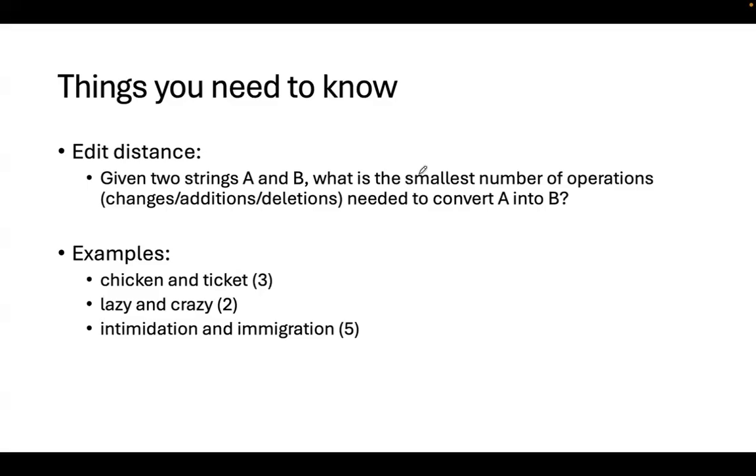That's edit distance. And so the example is, let's say we have two words, chicken and ticket, and we have operations.